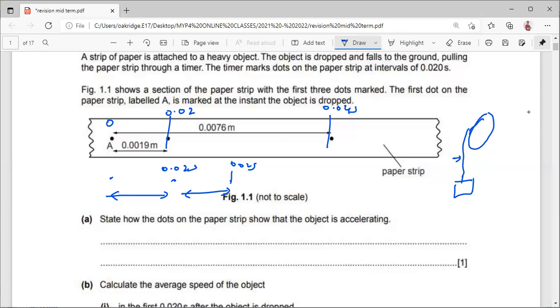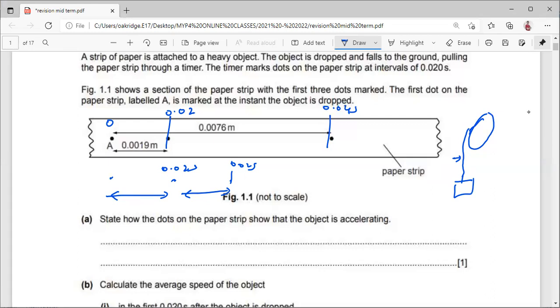But here, in the first 0.02 seconds, the distance was smaller. Then in the next 0.02 seconds, the distance traveled is much larger as compared to this. So it is traveling larger distances in the same interval of time, which means the particle's speed has increased. In other words, there's an acceleration being observed.